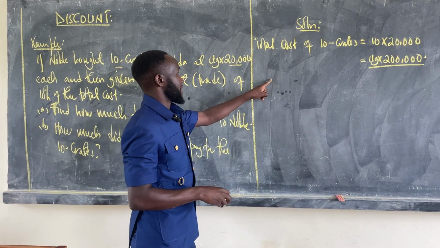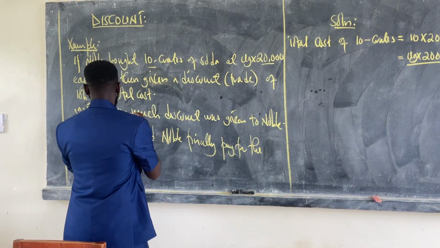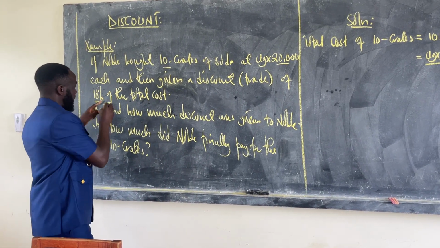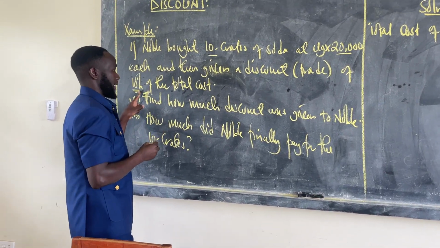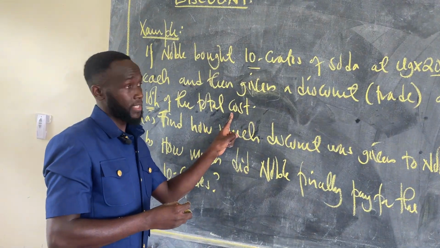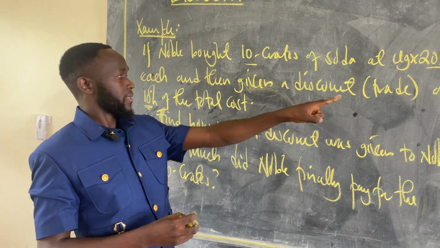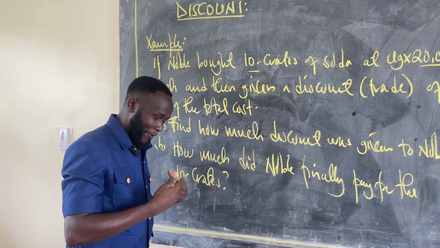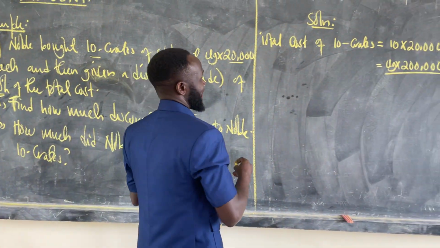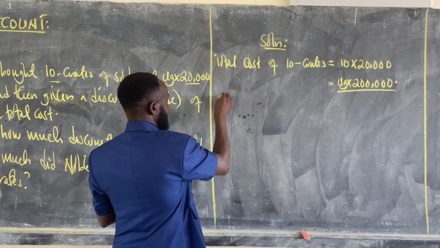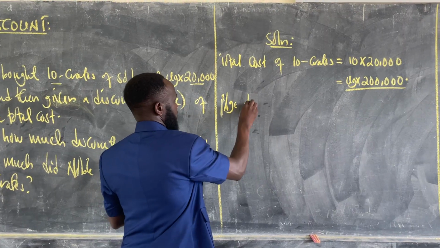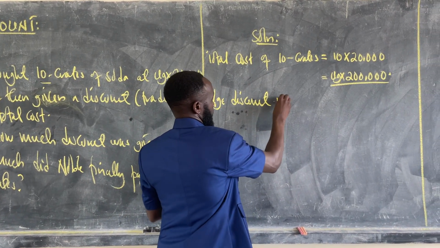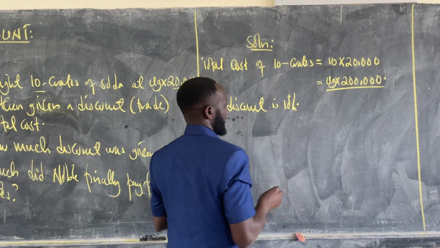Now, after that, we ask ourselves, what is the amount of the discount? Looking at the percentage given, the percentage discount is 10% of the total cost. Now that we have the total cost, we can find the discount to answer this part A. So now, the percentage discount is 10%.